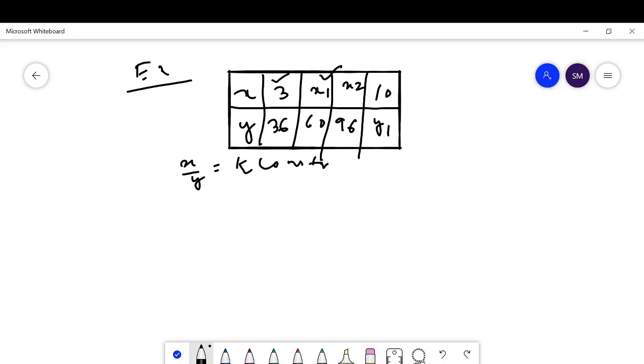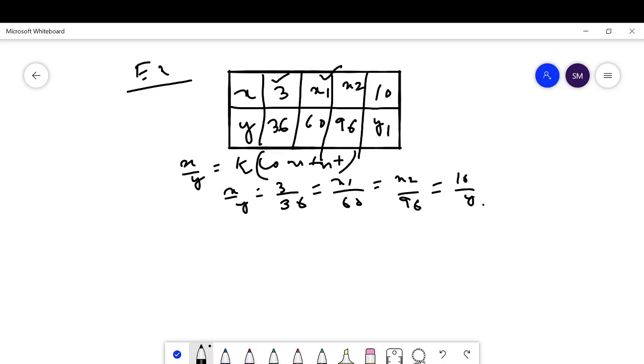So x upon y is 3 upon 36, equal to x1 upon 60, equal to x2 upon 96, equal to 10 upon y1. By comparing these we can find the values of x1, x2 and y1.